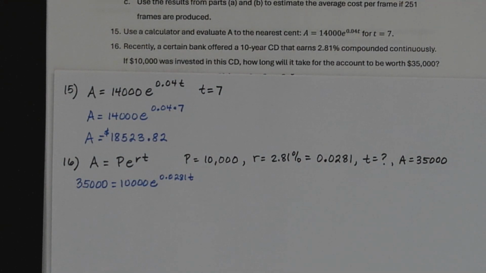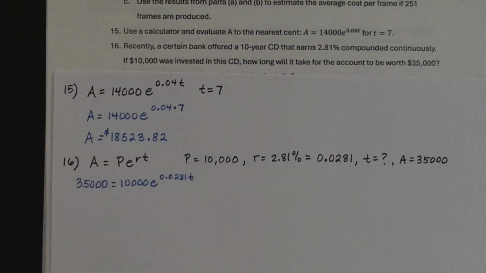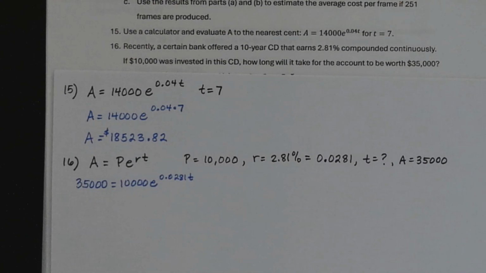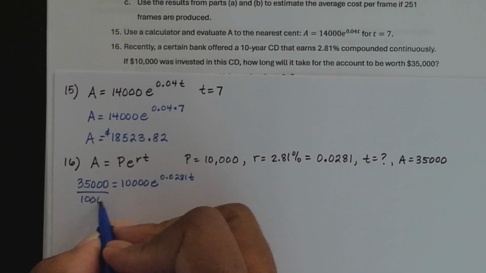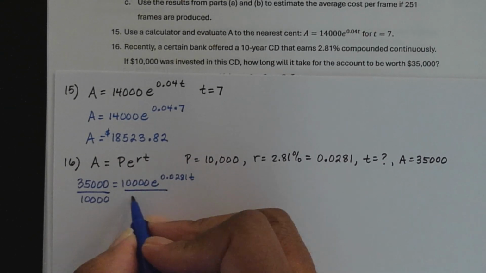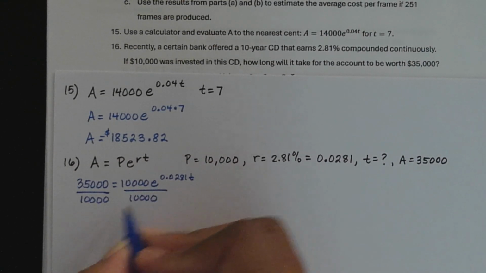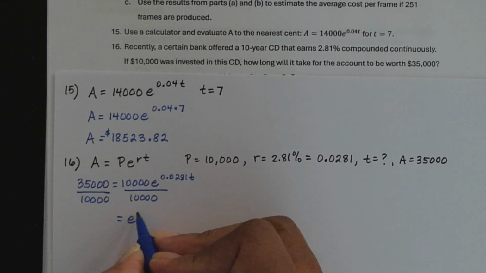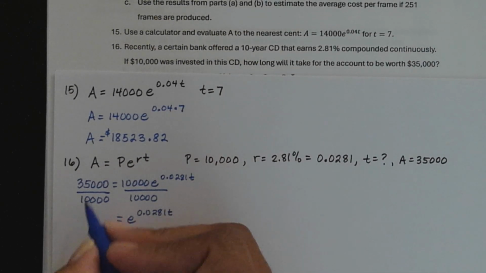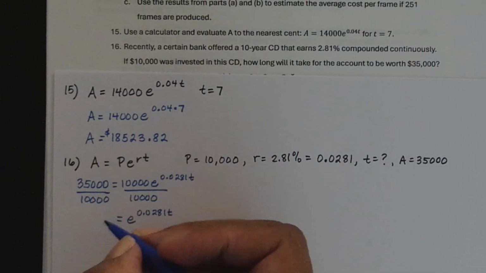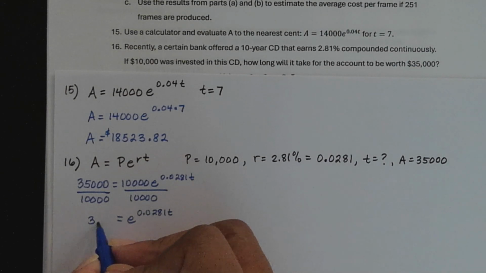And now to get that exponential expression by itself, that e to the 0.0281t, I need to get that by itself by dividing both sides by 10,000. So here I have e to the 0.0281t. 35,000 divided by 10,000 would be 3.5.